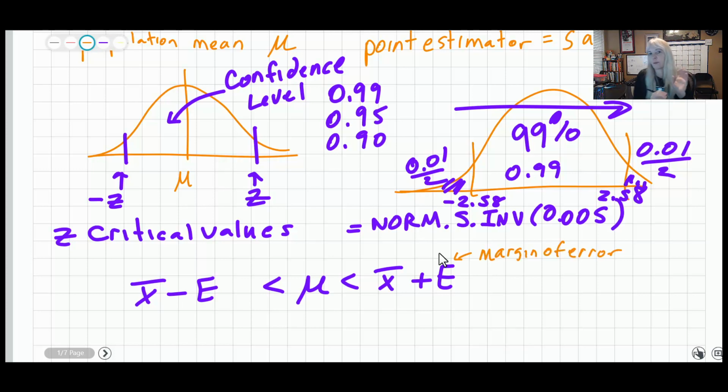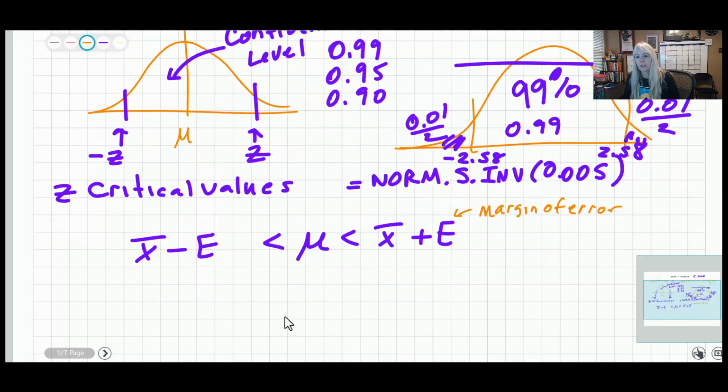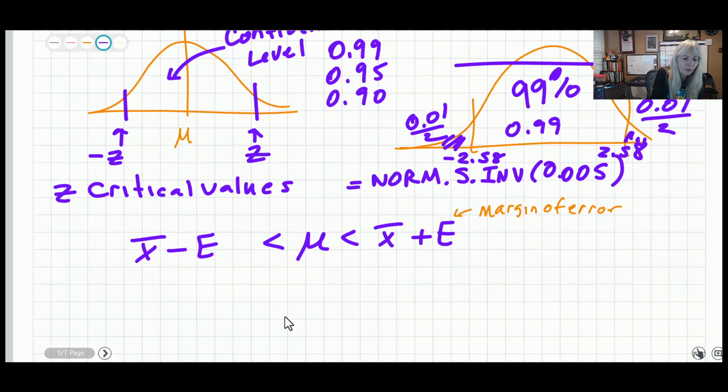And you've heard this before, where in political polls, somebody's ahead plus or minus 3, right? 3 points or 3%. That's what this is. It's the same thing. And so our formula for this margin of error is simply our critical value that we look up in a table or use Excel.